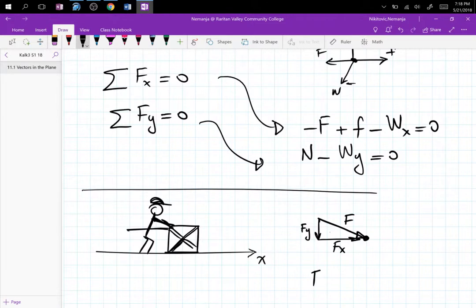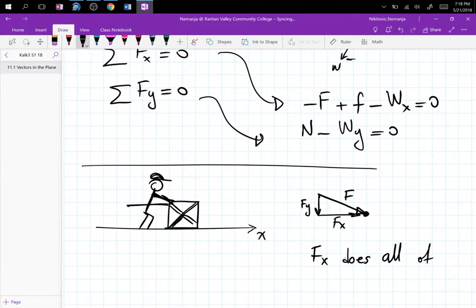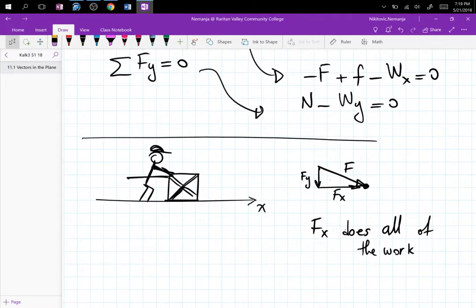Force X is the only force that does work. Force X does all of the work. What is the force Y component doing? Yeah, it's making everything harder. That's the problem when people don't understand.